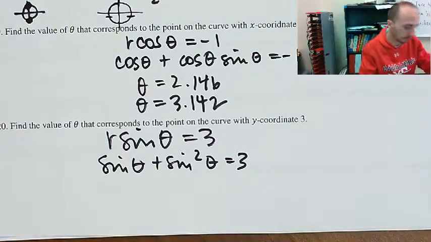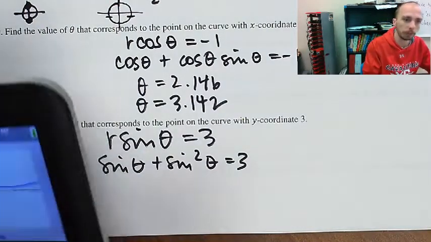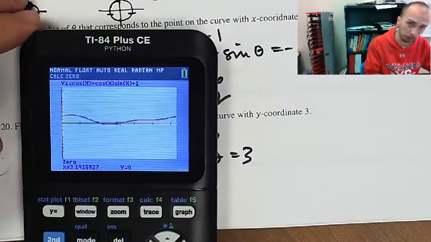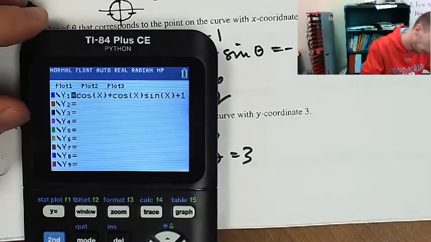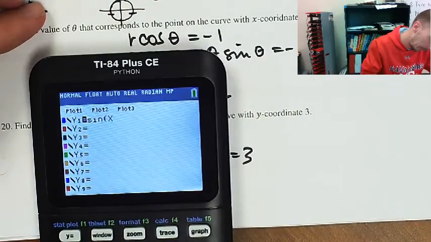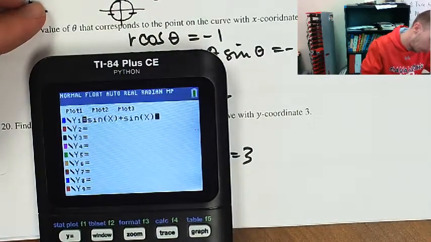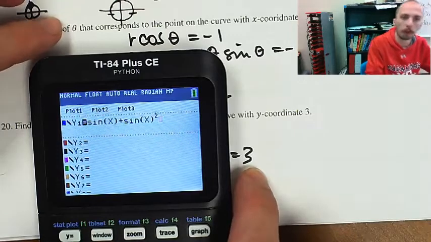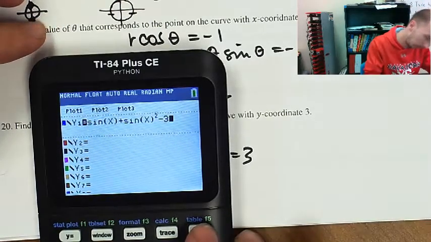Okay, and I am going to use the calculator to solve that equation because, well, we don't have a property. And sine theta plus sine theta squared, and I want it to equal positive 3, so I'm going to subtract 3 and find where it equals 0.